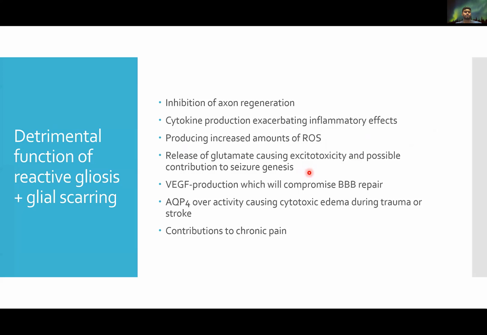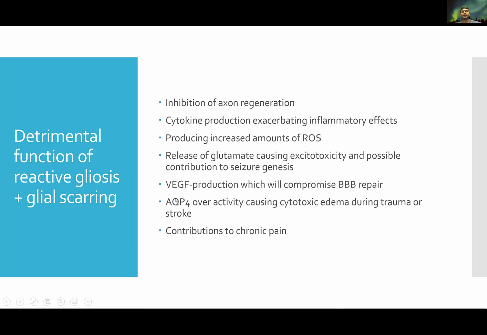Like I said, this goes to show that it can have beneficial or bad functions depending on the context of the injury. So VEGF production can compromise blood-brain barrier repair because it can disrupt the endothelial CLN5, which will then promote its breakdown. So very interesting there.